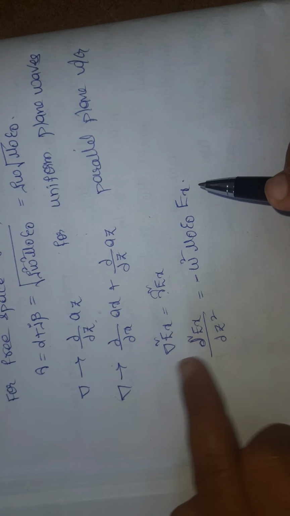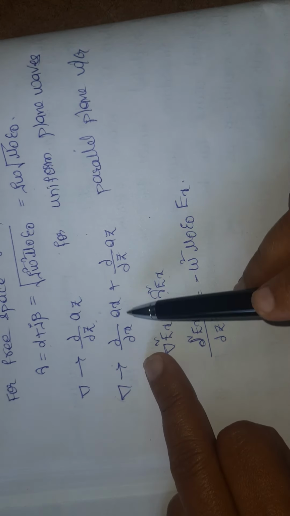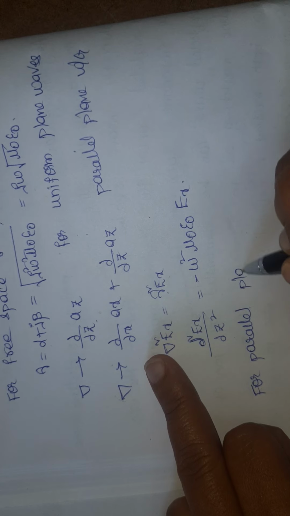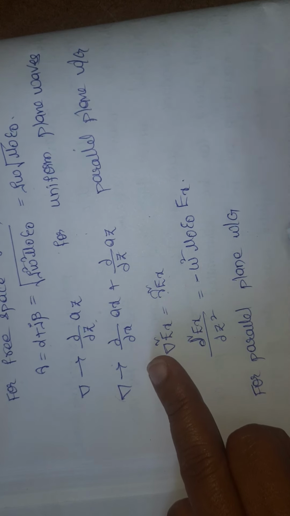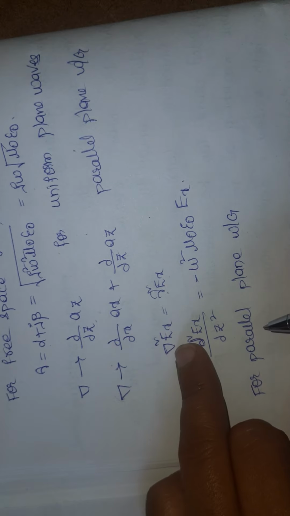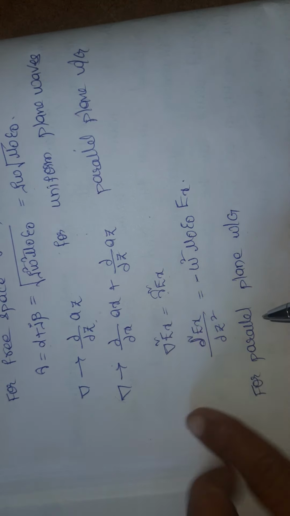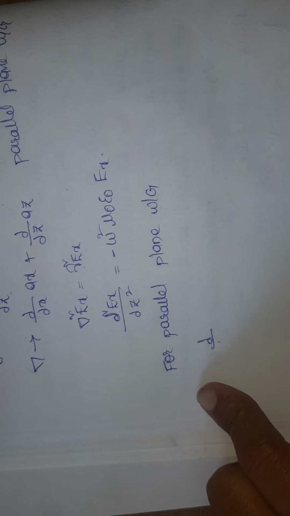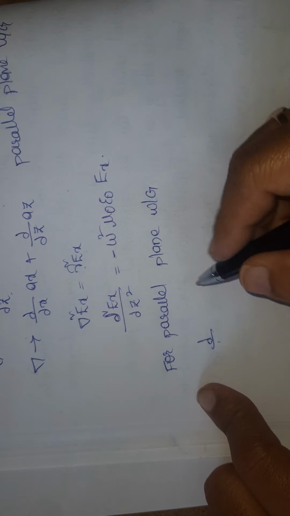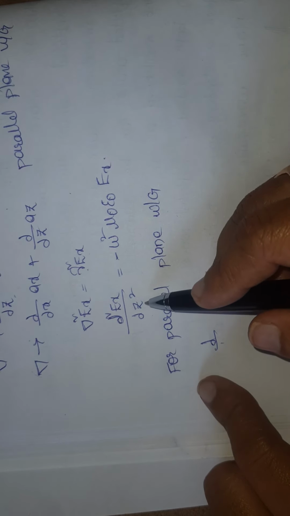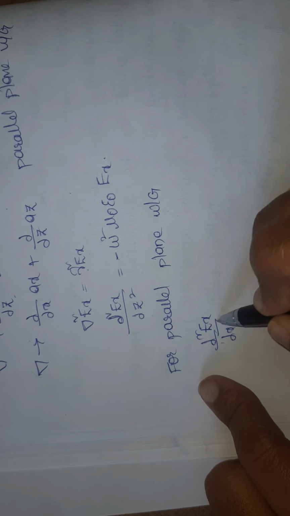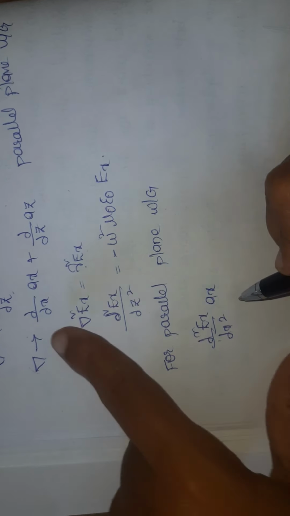If I extend this for parallel plane waveguides, I will have two terms. So instead of del, what you have to substitute? Dou by dou x ax plus dou by dou z az. So I will write dou square Ex by dou x square along x direction, from this equation.